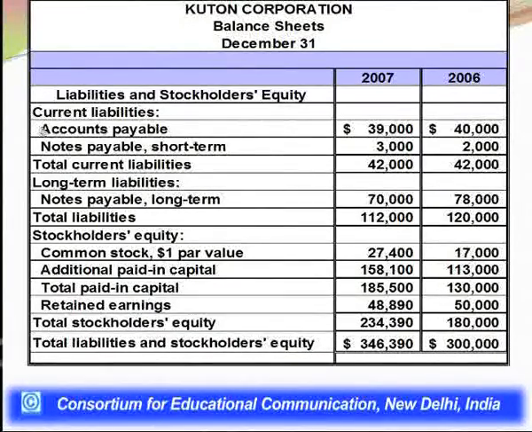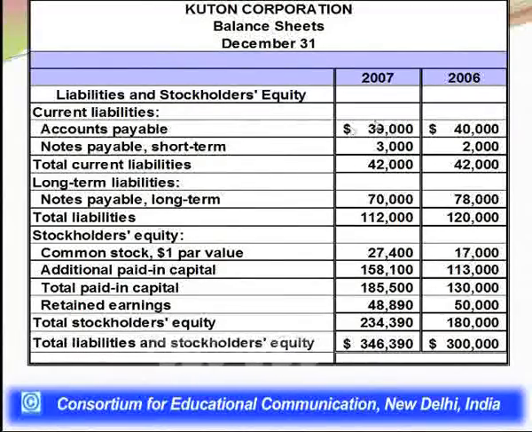My cursor is just indicating that. The accounts payable were 39,000 in 2007 and 40,000 in 2006. So 40,000 to 39,000. Notes payable and short term liabilities, there were 2,000 notes payable which are short, and there are 3,000 in 2007.